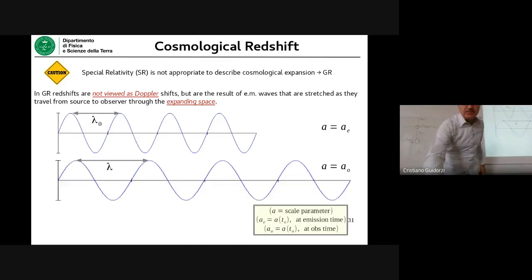There's a parameter in cosmology which describes this expansion, the so-called scale parameter, which gives you the scale of the universe at some point.